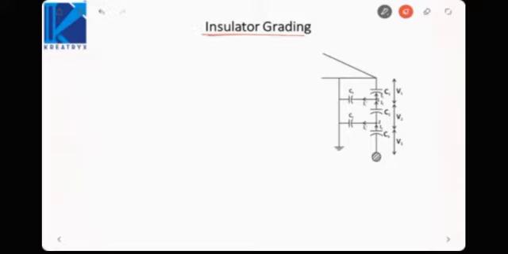Okay. So now if we again apply KCL, I2 will be equal to I1 plus I1 dash.